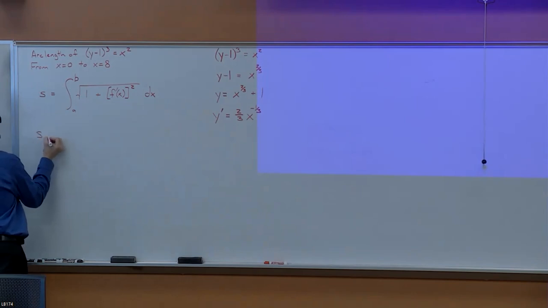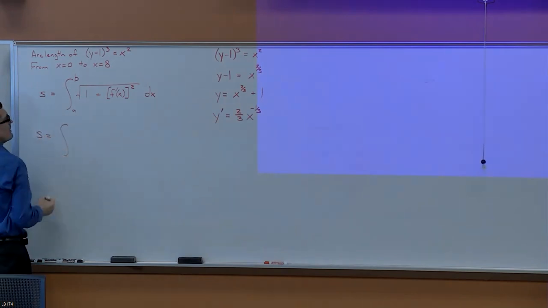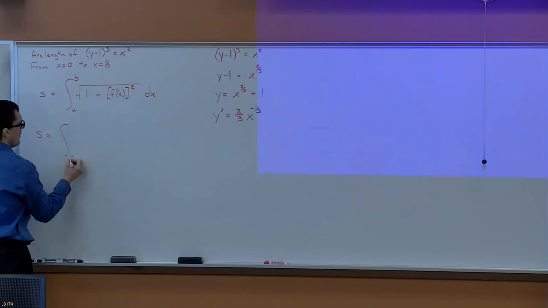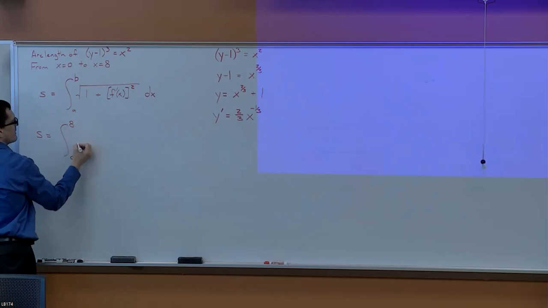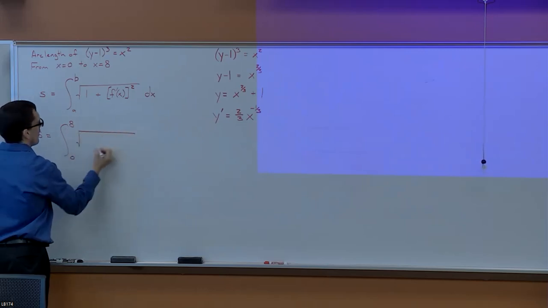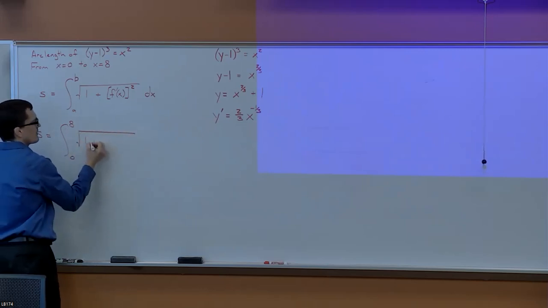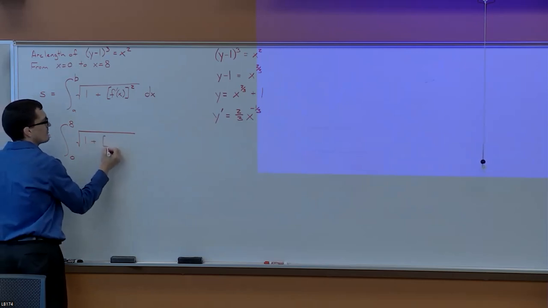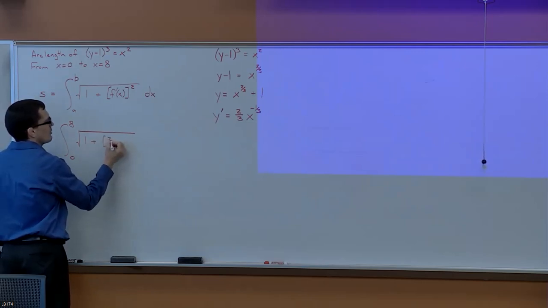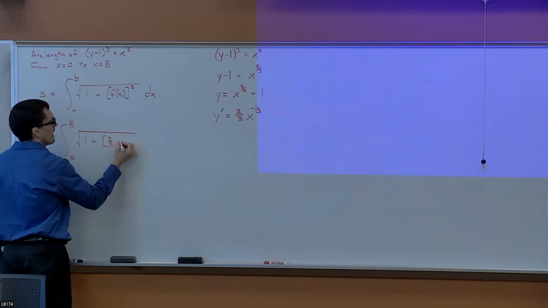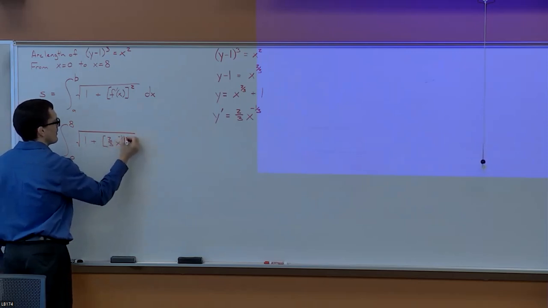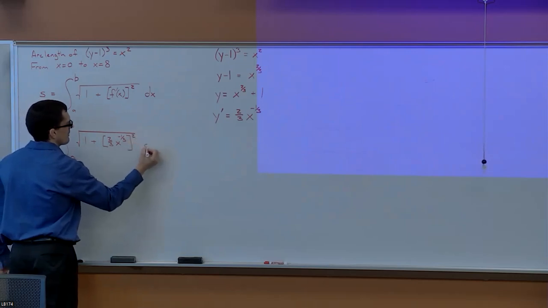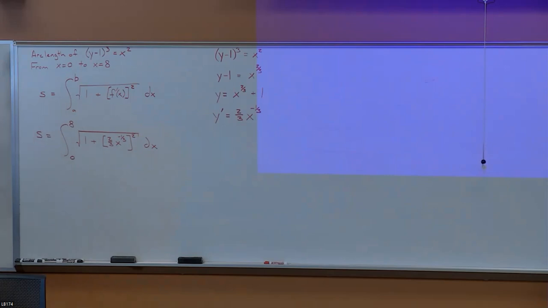So my arc length should be the integration, again, I'm doing this with respect to x, from 0 to 8 of the square root of 1 plus 2/3 x to the negative 1/3 squared. That ends my square root. Integrated, obviously, with respect to x.